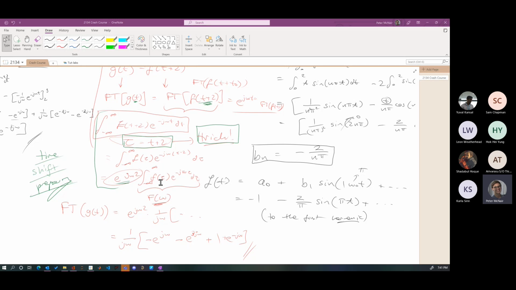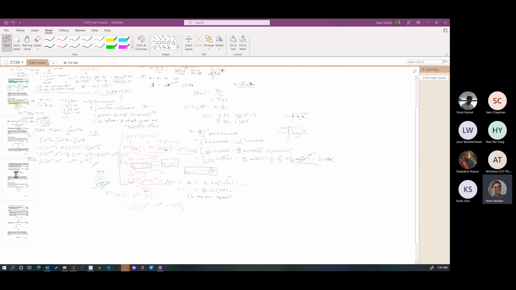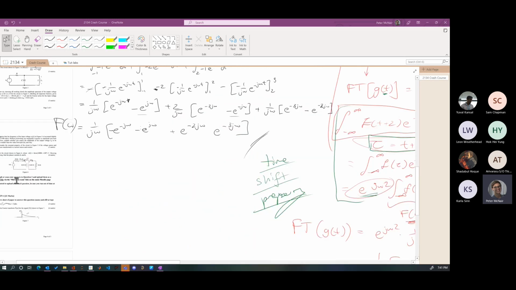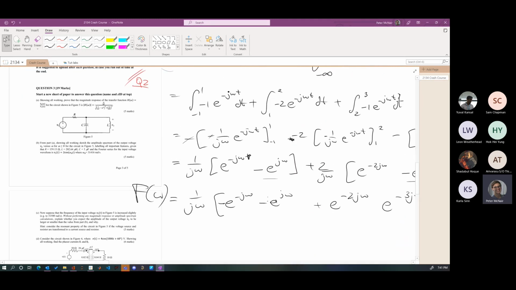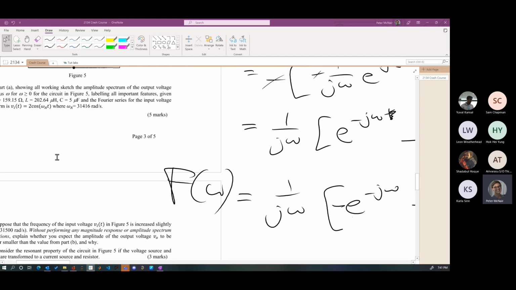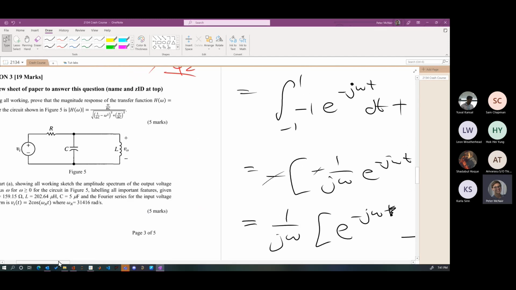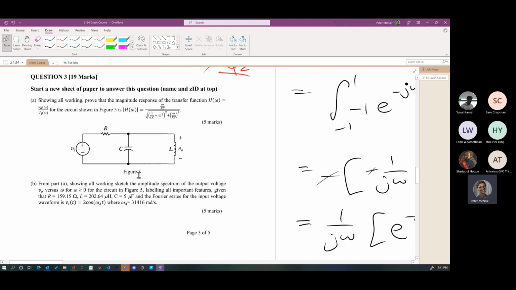No worries. Alrighty. Well, let's have a look at question 3 then, because these are more of the trickier questions that we might come across. So first of all, we have this circuit, and we're looking to prove a transfer function.